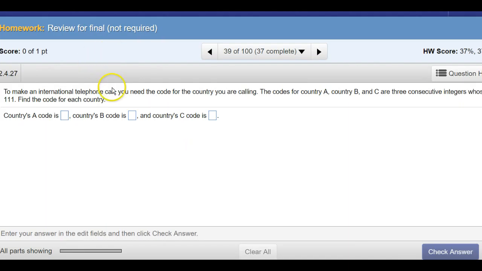Now, to make an international phone call, you need the code of the country you're calling. These are 3 consecutive whole integers whose sum is this. Now, what we need is a formula. So the first country will be x, then x plus 1, and then x plus 2.